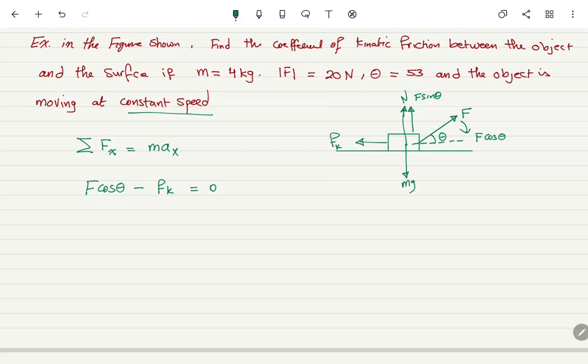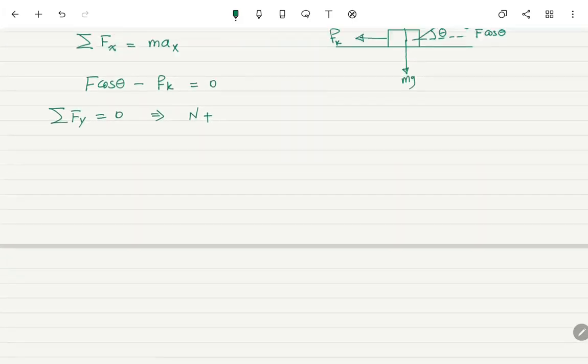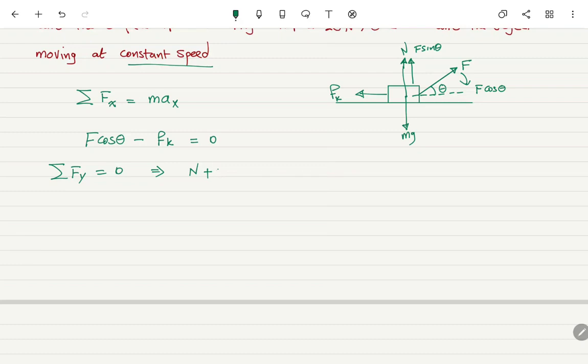And on the y-axis, the sum of all forces on y equals 0, and in this case, normal plus F sine theta minus mg equals 0. So the normal force is equal to mg minus F sine theta.